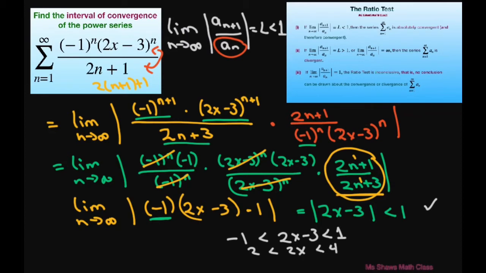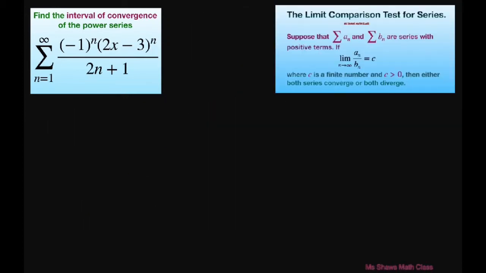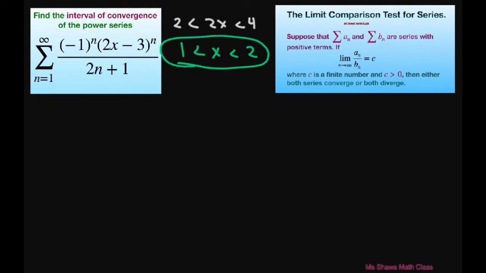Then we're going to divide everything by 2, so I'll do that on the next slide, we're running out of room. We had 2 is less than 2x is less than 4. Divide everything by 2 and you get 1 is less than x is less than 2. So basically, this is the interval that we are looking at.